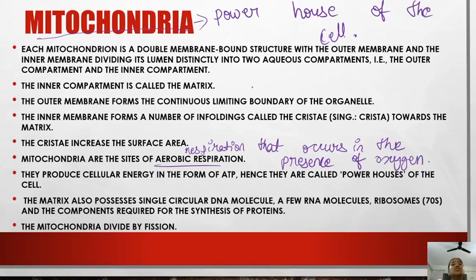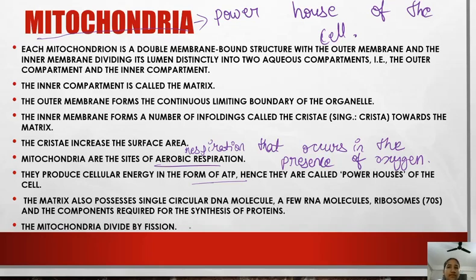So this mitochondria produces cellular energy in the form of ATP, hence they are called the powerhouses of the cell. The matrix also possesses a single circular DNA molecule, a few RNA molecules, 70S ribosomes, and the components required for the synthesis of proteins.